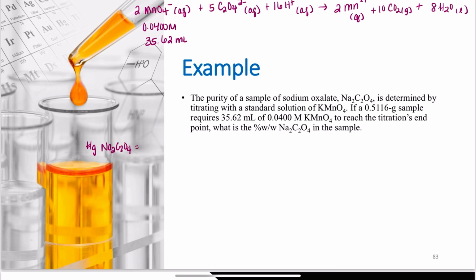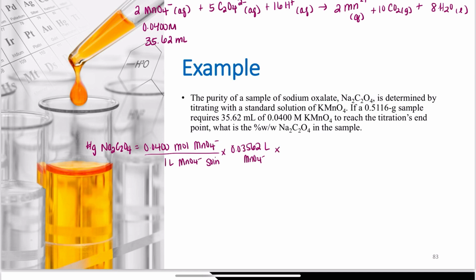Start with what I know, which is my permanganate. 0.0400 moles of MnO4 minus to 1 liter MnO4 minus solution. 0.03562 liters of the MnO4 minus solution.